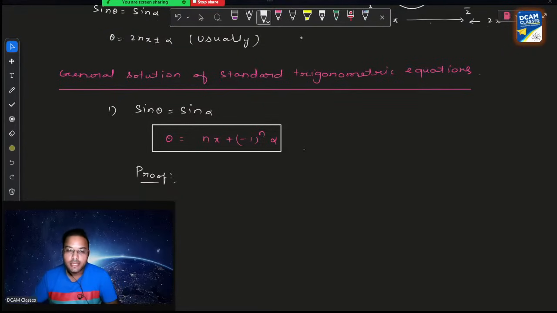The proof is, if you have sin theta is equal to sin alpha, you can write it as sin theta minus sin alpha is equal to 0. Do you remember the sin C minus sin D formula?